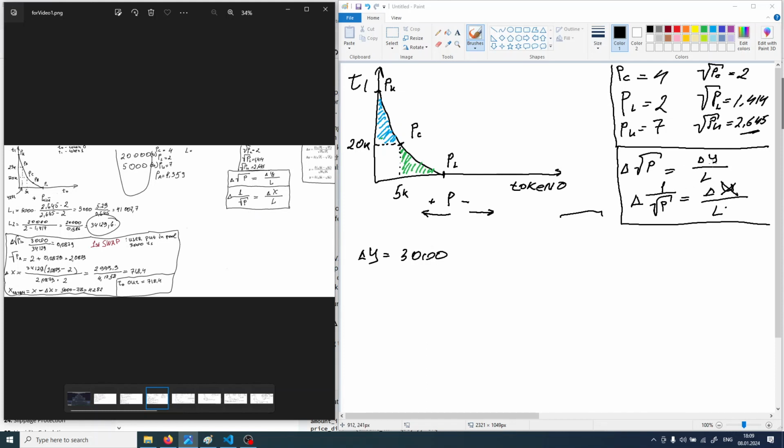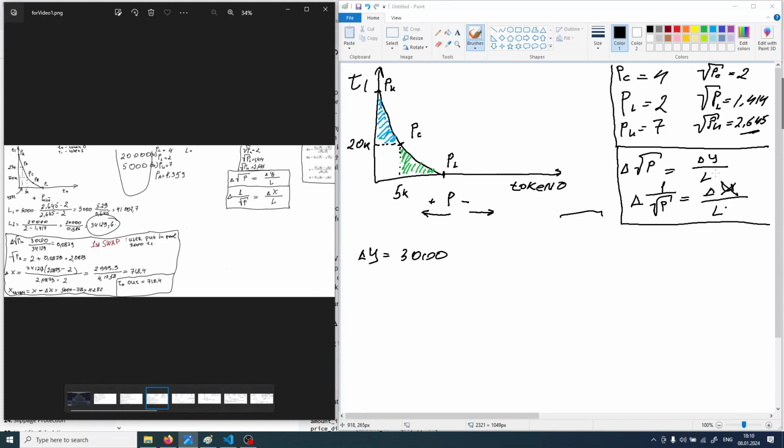We can say that delta y will be equal to liquidity multiplied by delta square root of price.